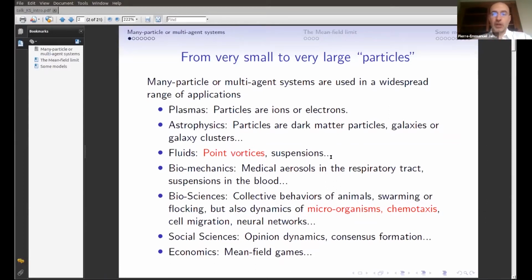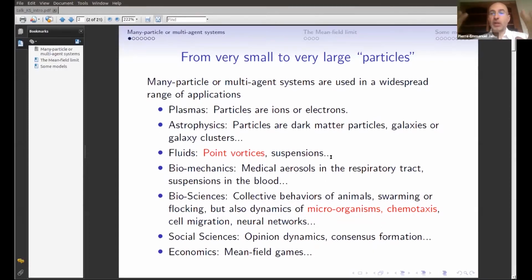But of course, still in physics, astrophysics is another very classical example. Newton's equations for point masses, probably the first system of interacting ODEs ever to be written. And it's still used nowadays for the study of galaxy formation, for instance.